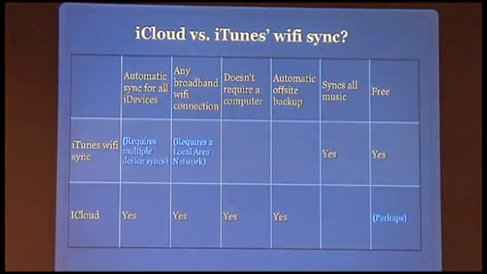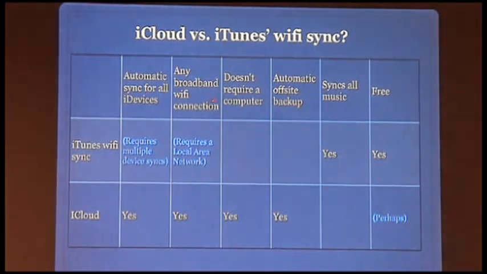Automatic sync across all devices. Well, for iCloud, it's a yes. For iTunes, well, geez, you got to sync up each device separately. Remember Steve Jobs saying, all these new devices, multiple devices, we're going crazy. iCloud was designed to make that simple, automatically in all devices.